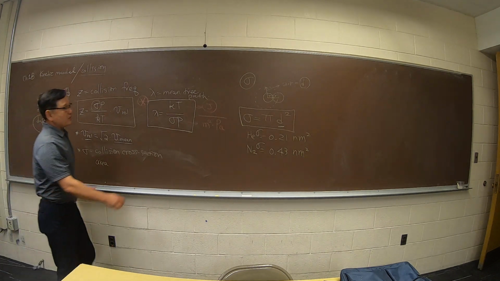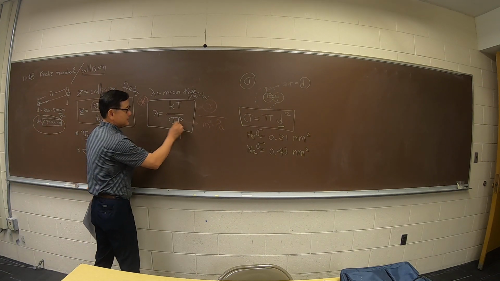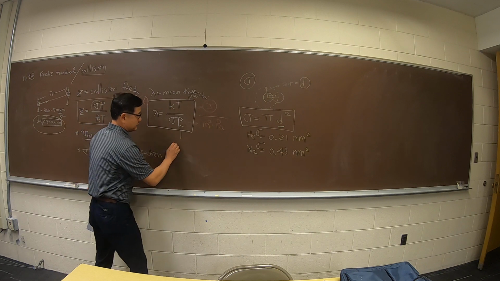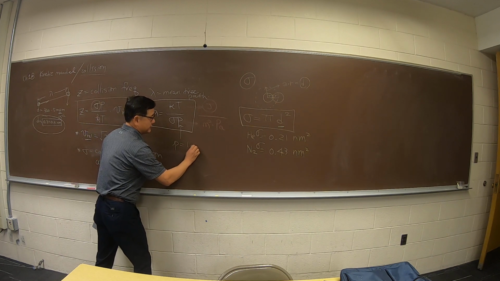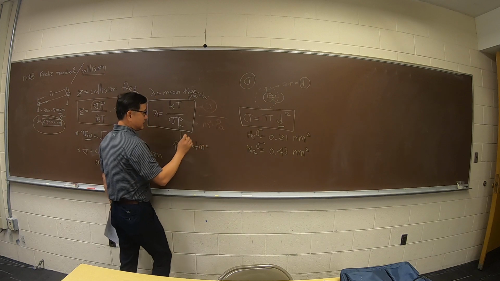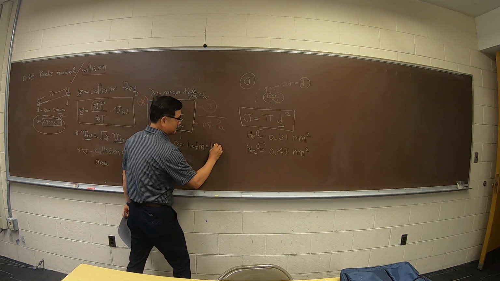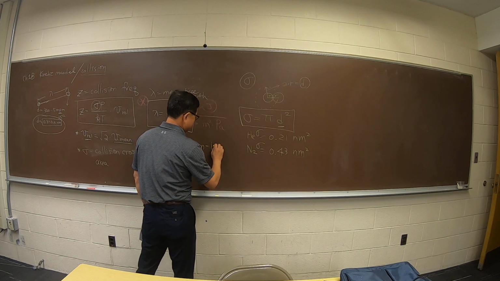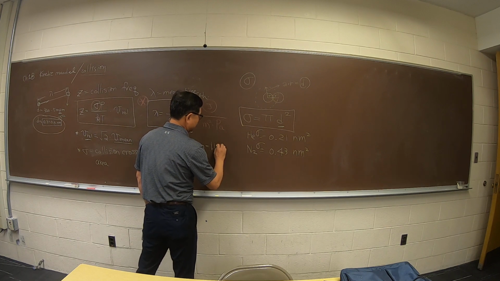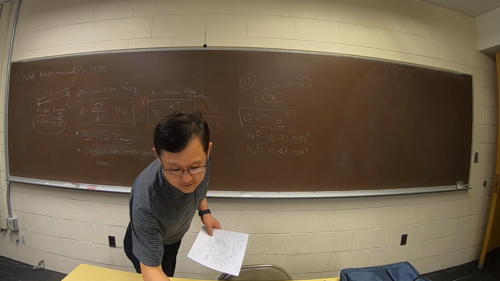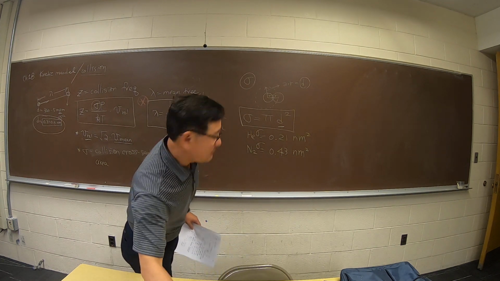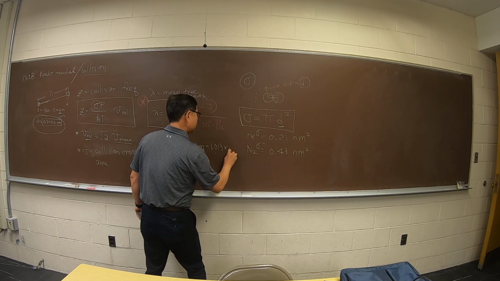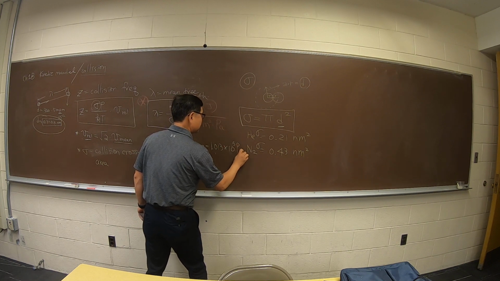And now I'm going to use the pressure P, and one example that I like to use is if P is 1 atm, and once again, I'd like to convert it into 1.013 times 10 to the 5 Pascal.